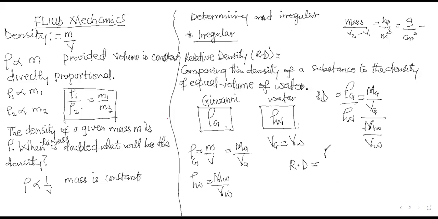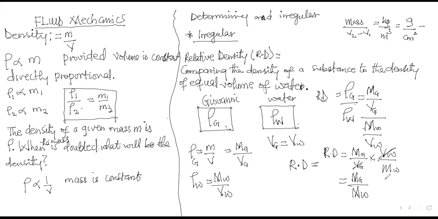And RD would be equal to M of Giovanni over V of Giovanni times V of water over M of water. Because the volume in each case is the same, relative density would also be mass of substance, Giovanni, over mass of water.